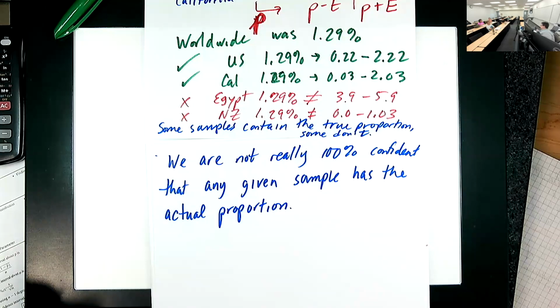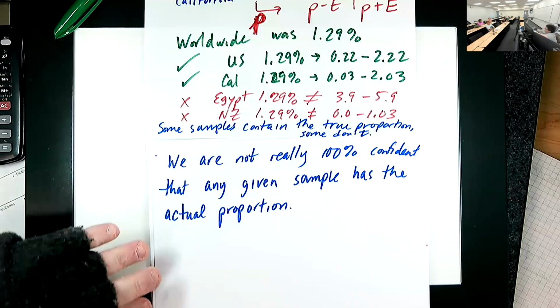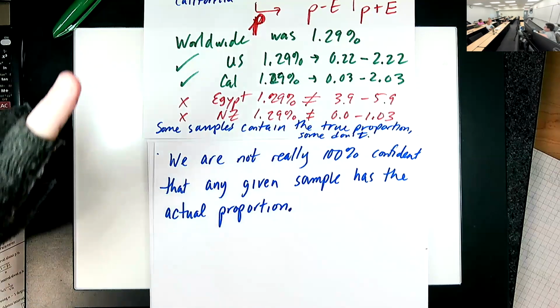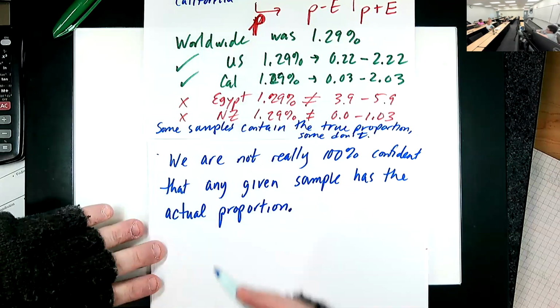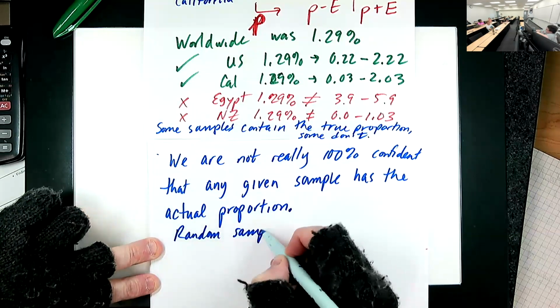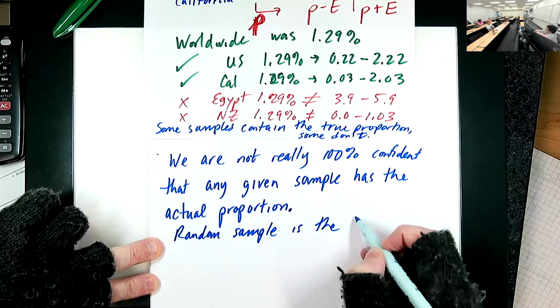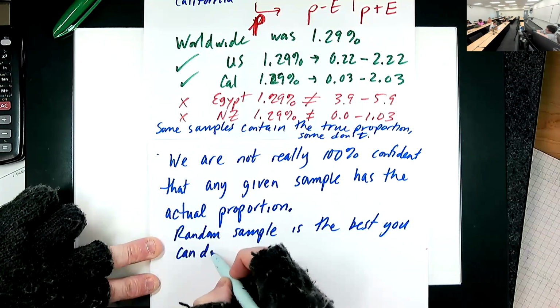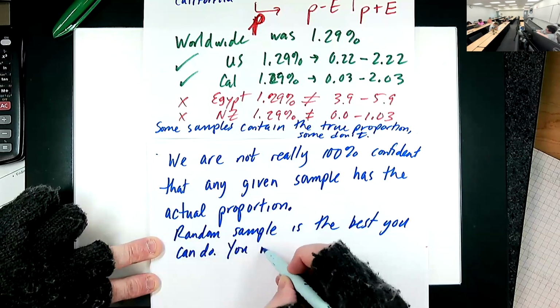But unless you know the entire big picture, you just have to go off what you get locally. So picking a good sample works. We never know if our sample is right. If you've got a random sample, that's the best you can do. You might accidentally pick all the Einsteins.